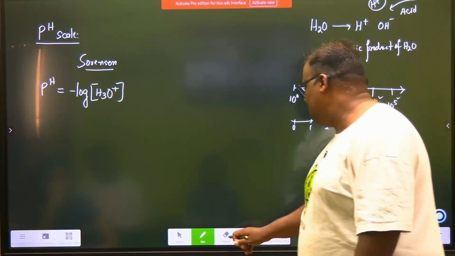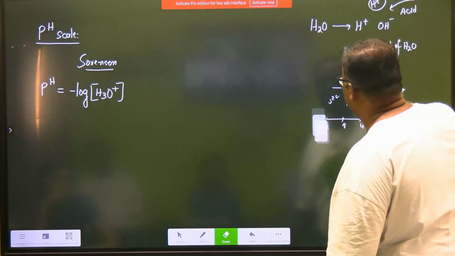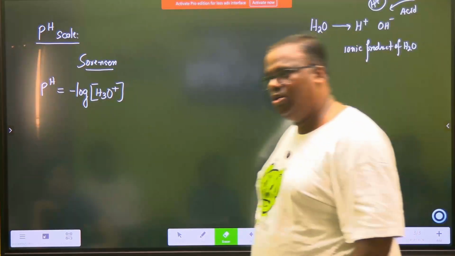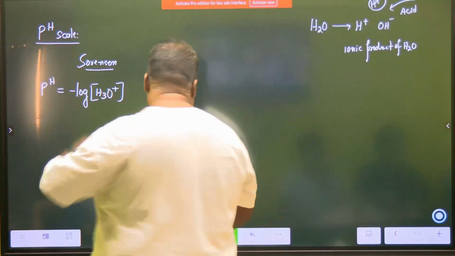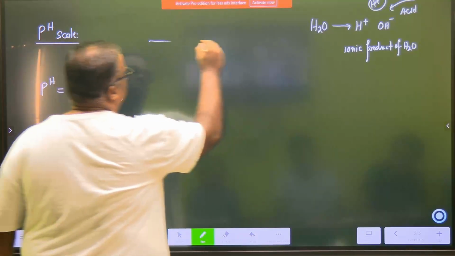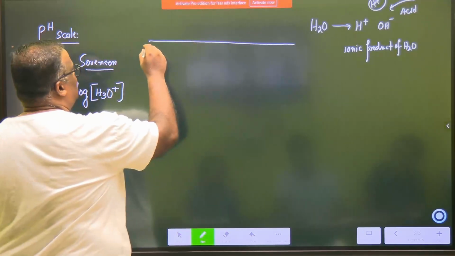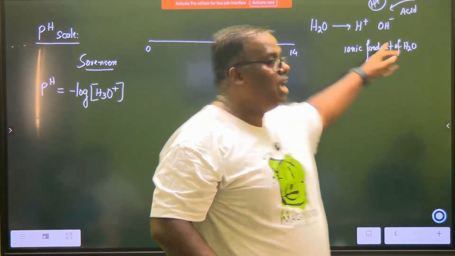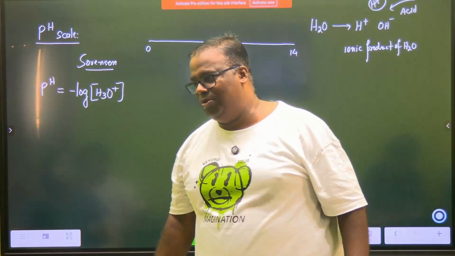So pH is a scale which gives me an exact count of the number of either H plus or OH minus. The pH scale was designed by Sorensen. He designed it in this manner, where the scale starts from 0 and ends at 14. That comes from the ionic product of water, which is 10 to the power minus 14.